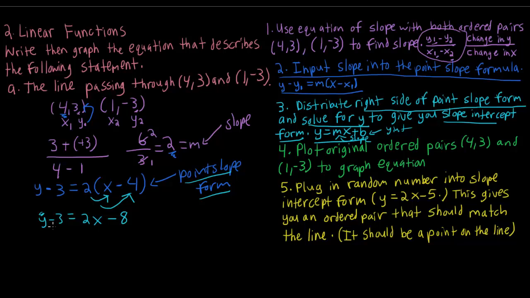So we want to get y by itself. To do that, we add 3 to both sides, and we end up with y equals 2x minus 5. So this right here, y equals 2x minus 5, is our slope intercept form. This is our y equals mx plus b.